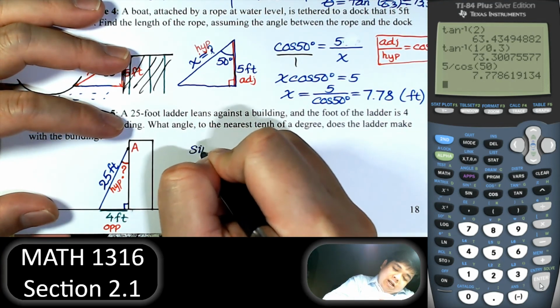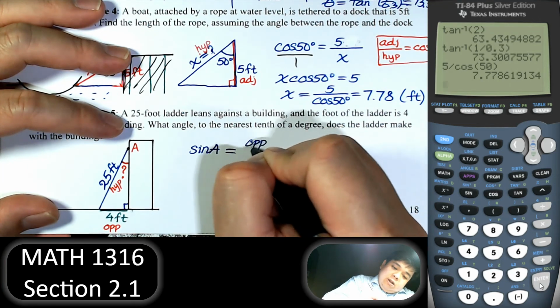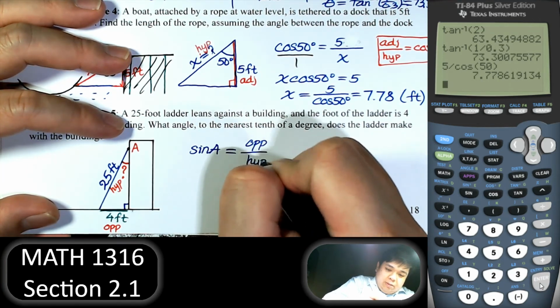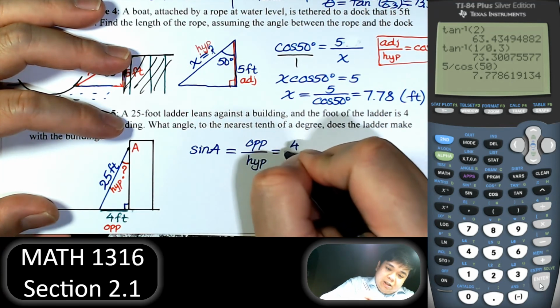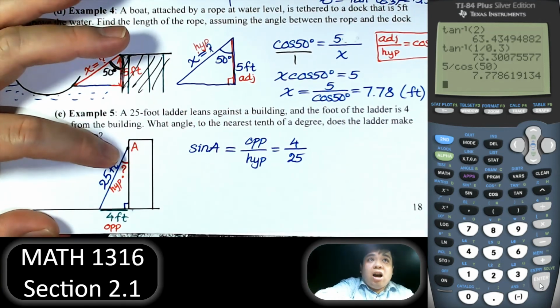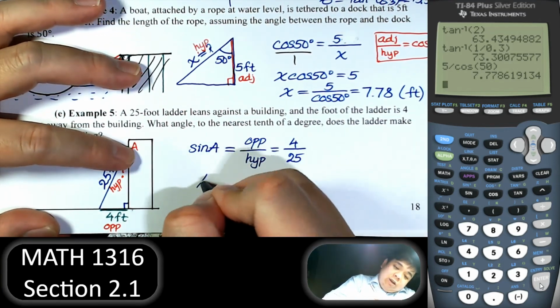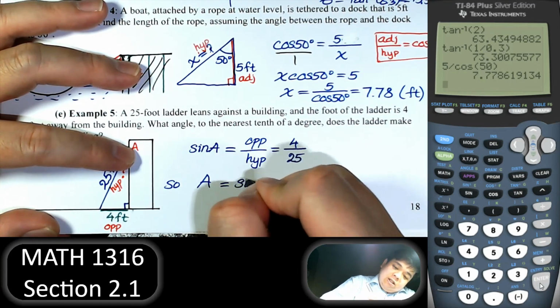So sine of A is opposite over hypotenuse. Opposite is 4 feet. Hypotenuse is 25. So that is sine of angle A. To get back to angle A, we'll take the inverse of sine.